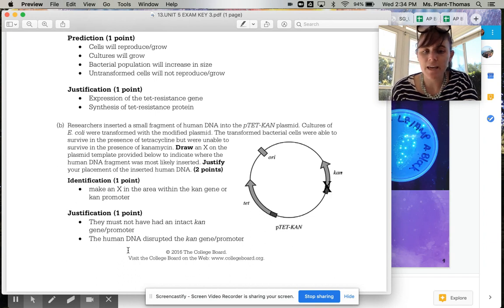And your justification is that for some reason, that gene is disrupted. So the human DNA disrupted the KAN gene, or the human DNA disrupted the KAN promoter, like if you did it specifically over the dark area. Or these bacteria cells must not have an intact or correct or functional KAN gene. All of those would be correct.